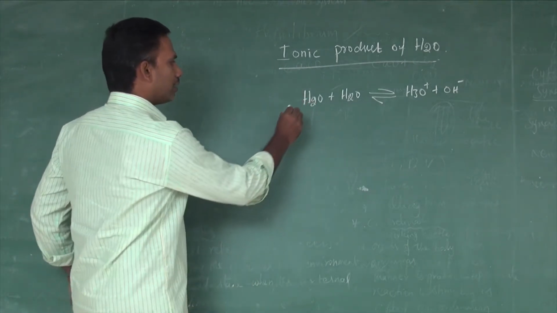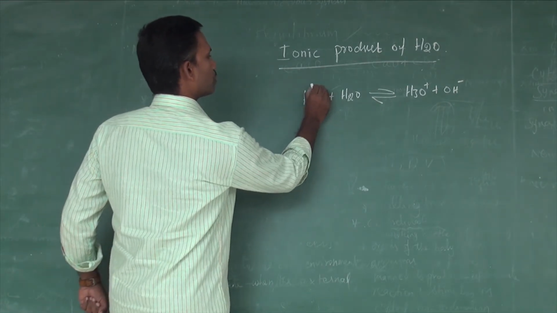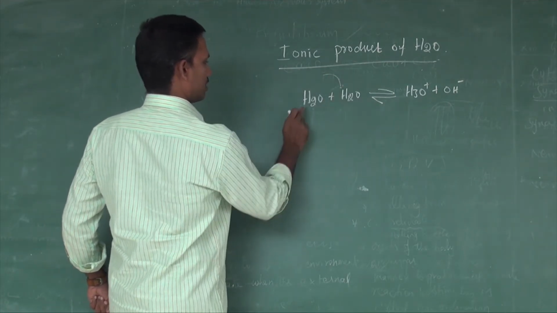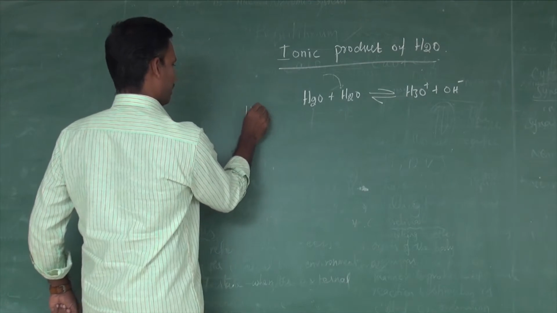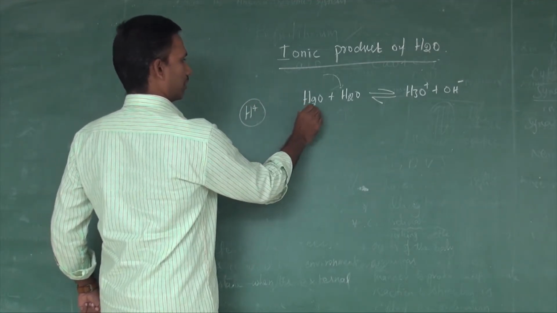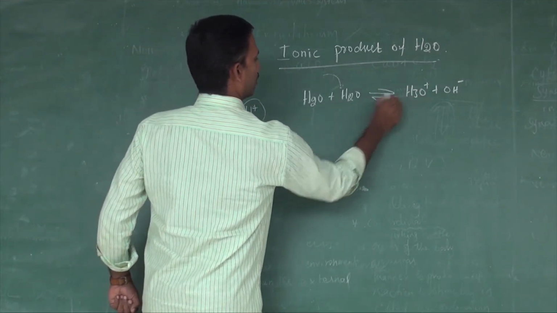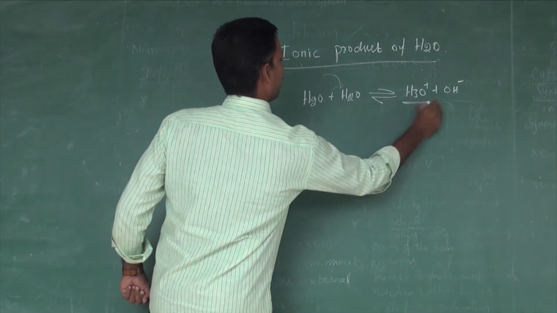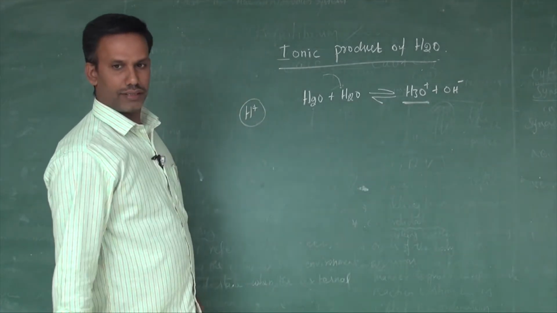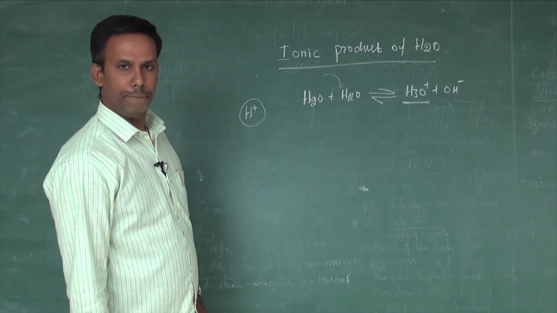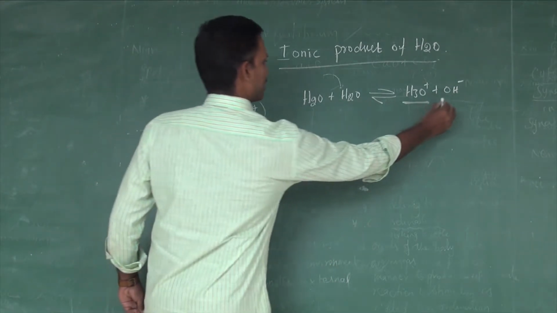The proton of one water molecule moves to the other water molecule. H plus is a proton. That's why you get a hydronium ion and a hydroxyl ion.